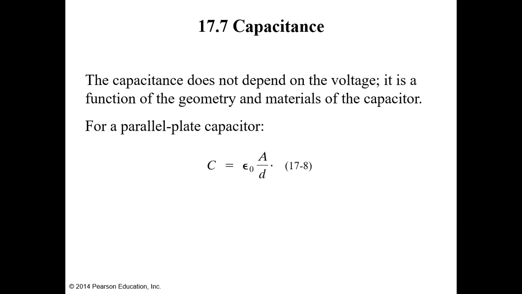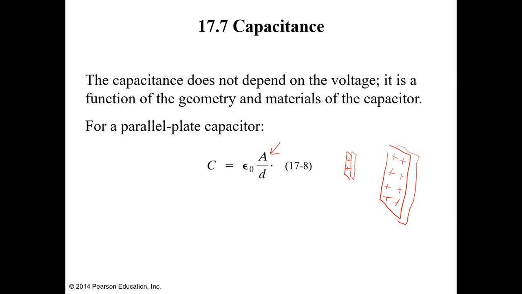The capacitance does depend on the area, the size of the capacitor. I mean, if you have small plates here versus very large plates over here, you can store a whole lot more energy on the larger plates than you can on smaller plates.